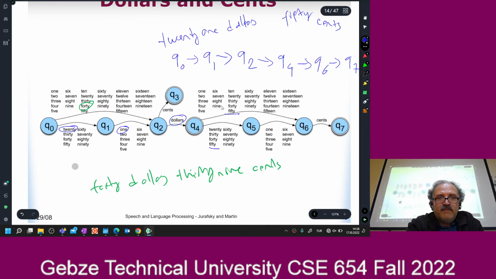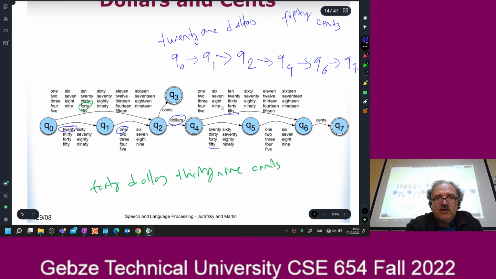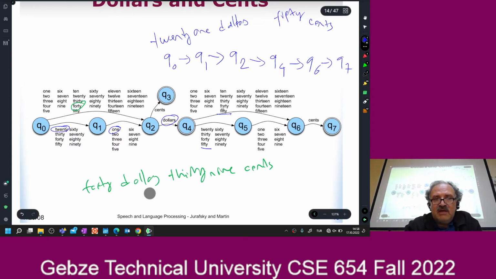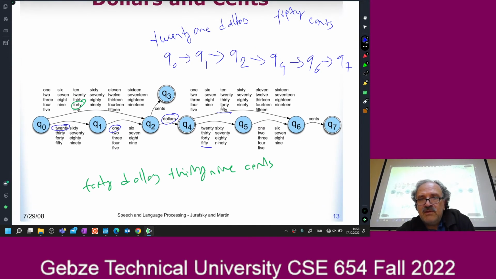So from Q0 to Q2, then Q4, and 39, and $40. Where is 30? Yeah, this is 30.